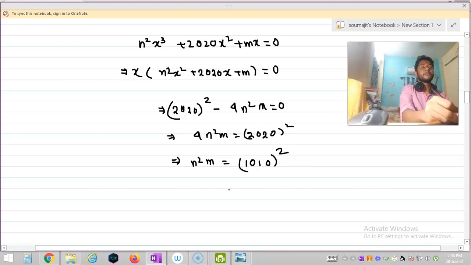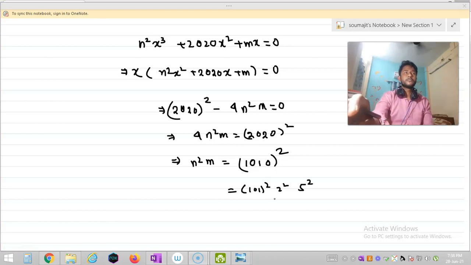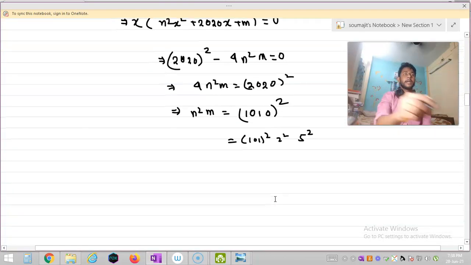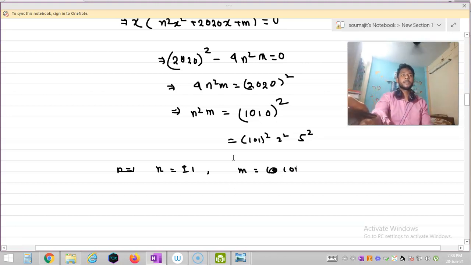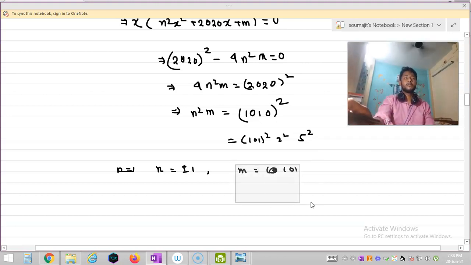Hence I am getting the prime factorization. If I want the prime factorization of this, I can write it as 101 square into 2 square into 5 square. So from this what I can say is that if n equal to plus minus 1, then m must be 101 squared times 2 squared times 5 squared, so there exists only one value of m.